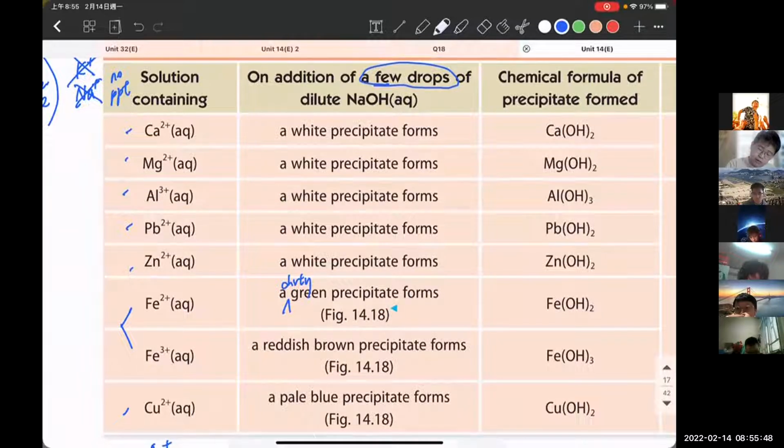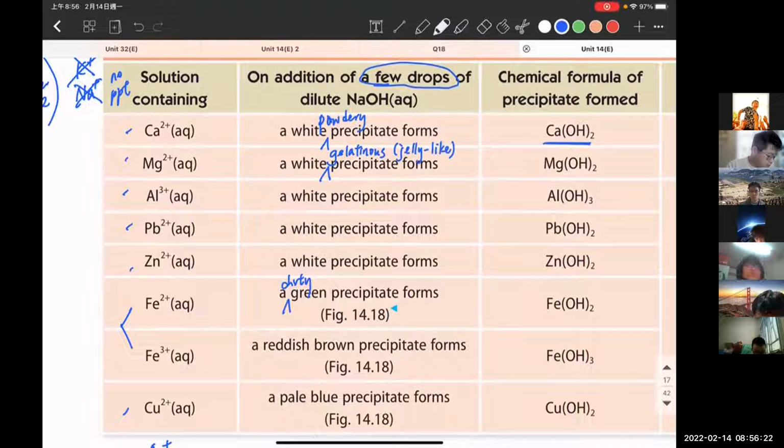For example, calcium hydroxide is said to be a powdery precipitate. But for Mg2+, we will call that jelly-like or use the word gelatinous precipitate. The texture is a little bit different.